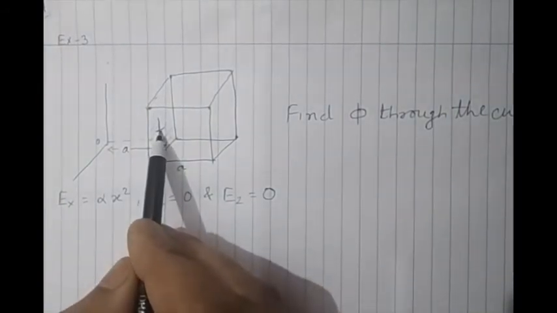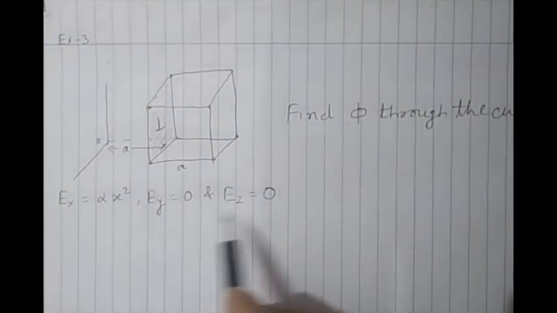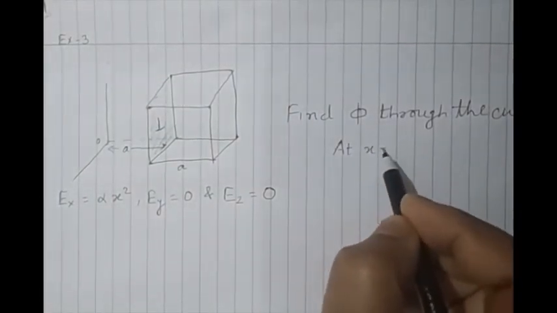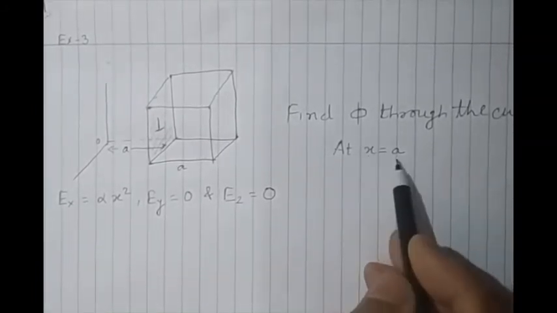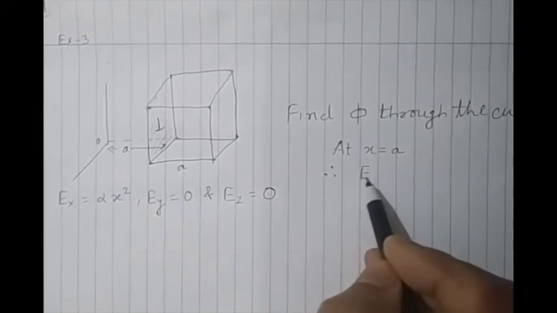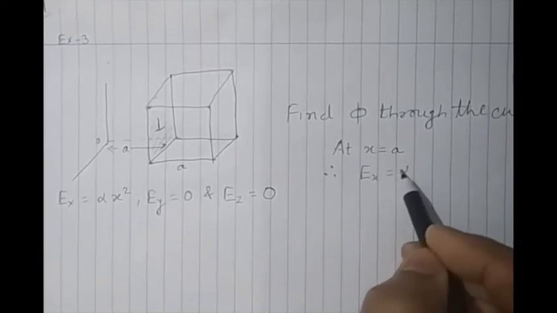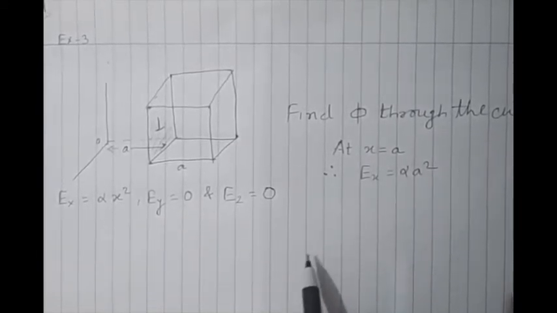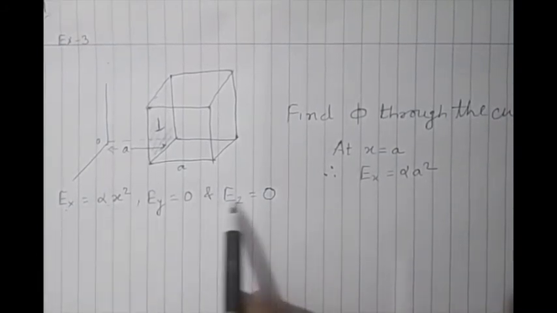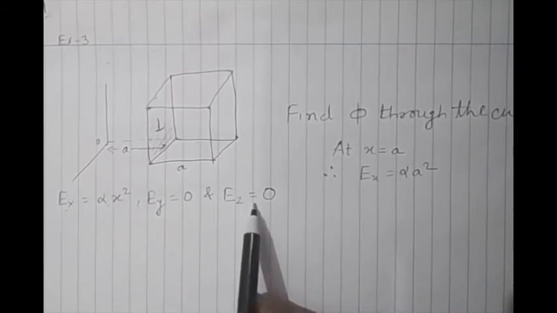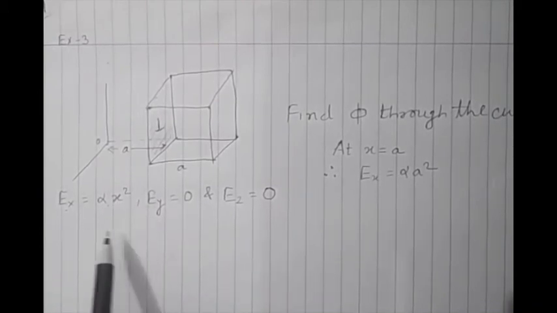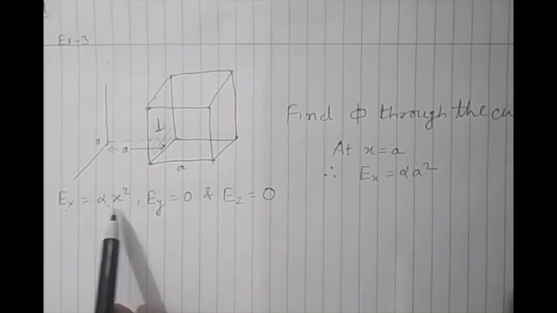The electric field at this surface is at x is equal to A. This surface lies at x is equal to A. Therefore, electric field is alpha A square. The direction of electric field is along the x direction. The y component and z component of electric field are 0. That is, the direction of electric field is along positive x direction, and electric field is variable.